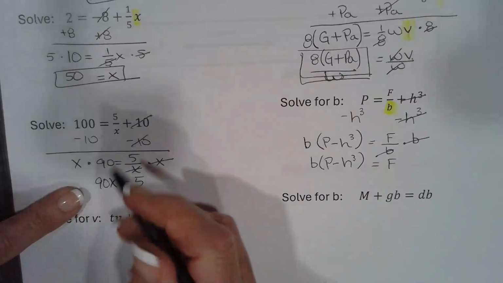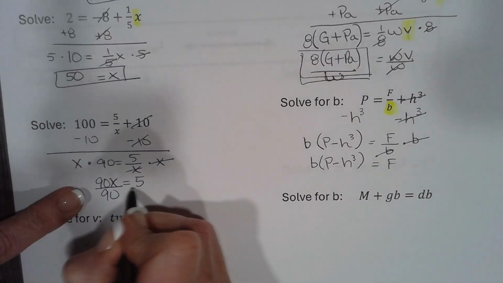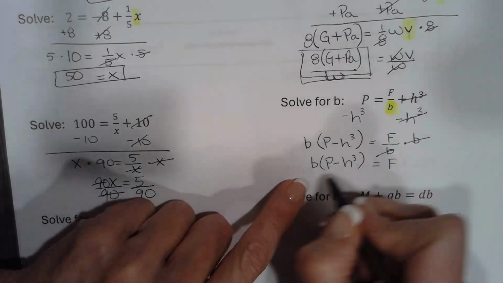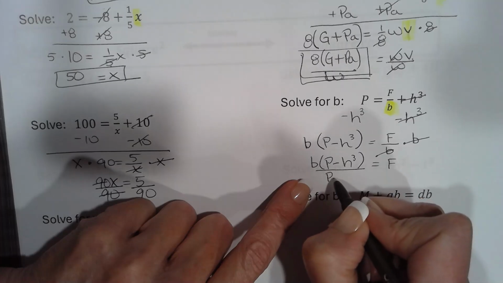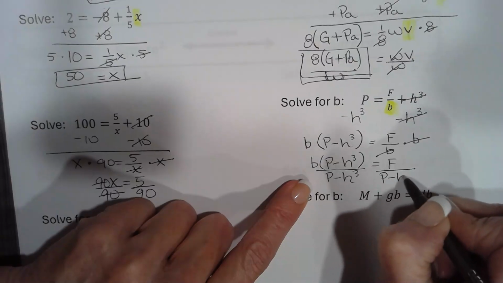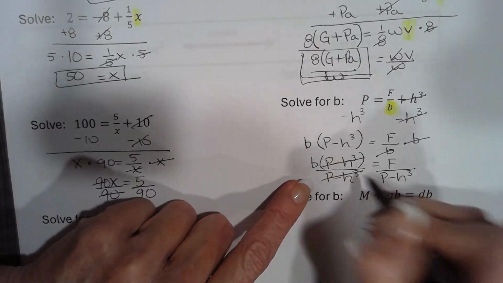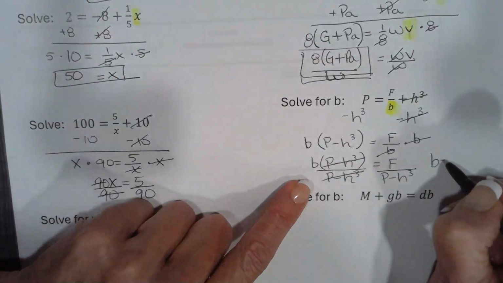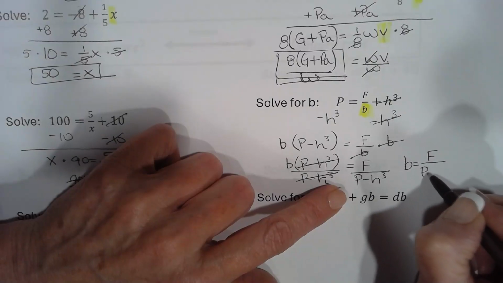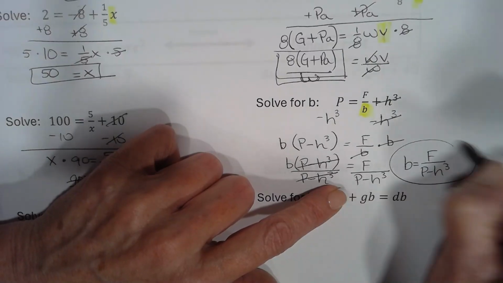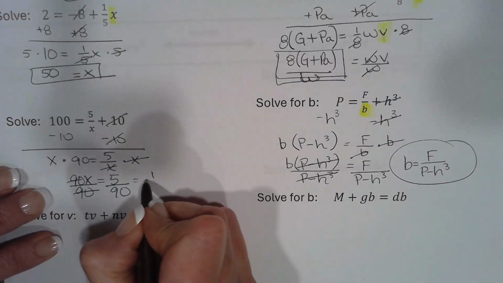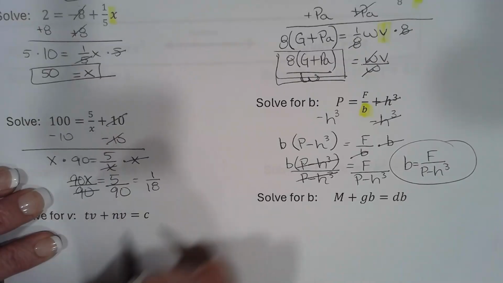Here, I'm going to divide both sides by 90 to get x by itself. Here, to get b by itself, I'm going to divide both sides by p minus h cubed. So I get b equals f divided by p minus h cubed. And over here, I could reduce this to get 1 over 18.